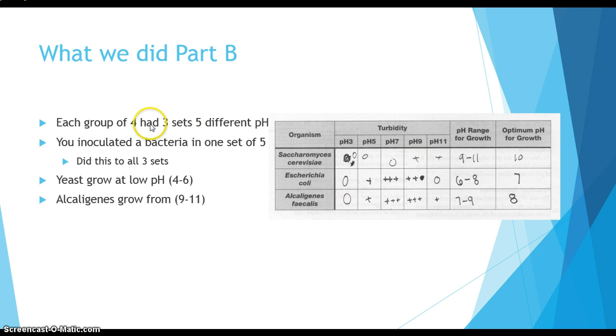So you use each of your 3 sets. And the thing to note here is that yeast, Saccharomyces cerevisiae, grow at very low pHs, kind of, between 4 and 6. And then the alkaliphiles grow from 9 to 11, so they really like the more basic range. And so that was part B.